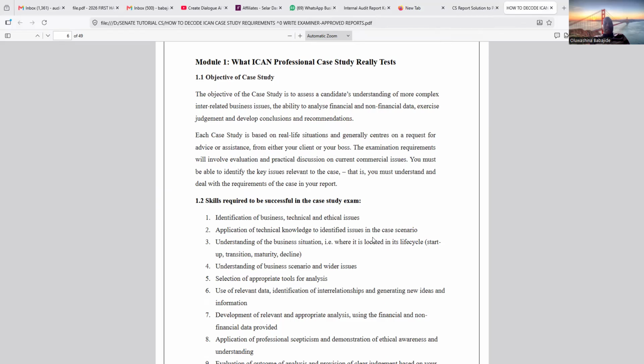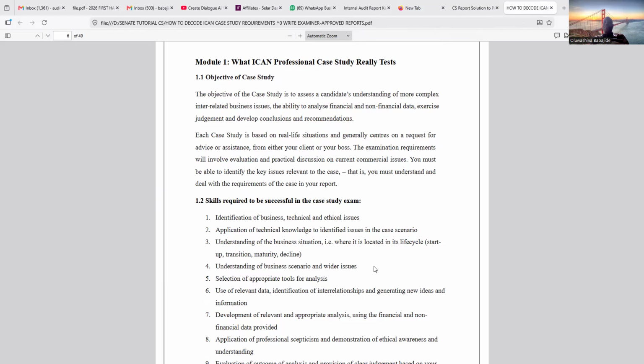Then understanding of the business situation. You need to understand the business situation, that is, where it is located in its life cycle. Which type of business are you dealing with? Is it a startup business, transition business, maturity business, or decline business?